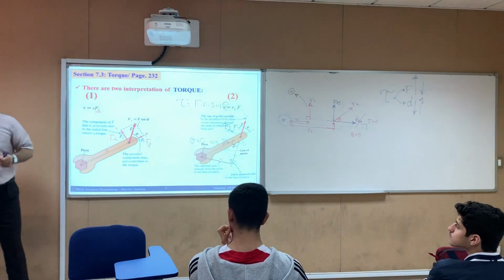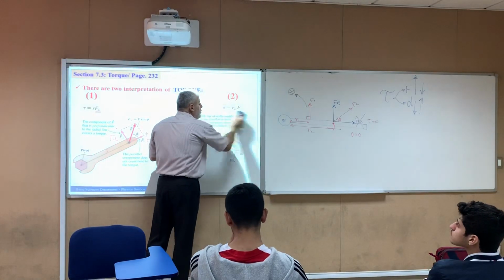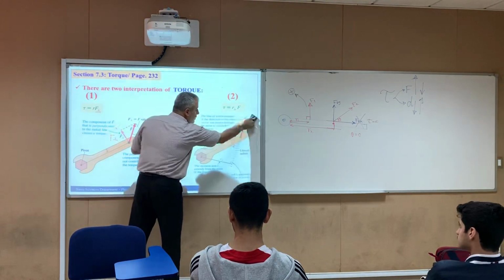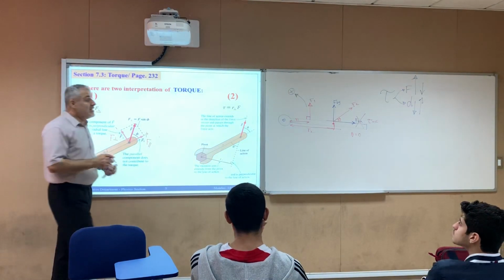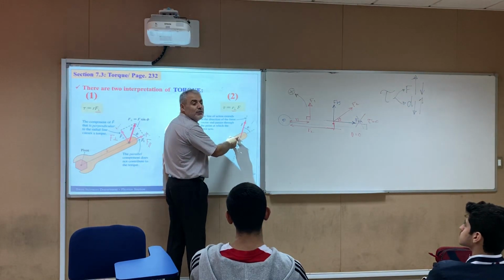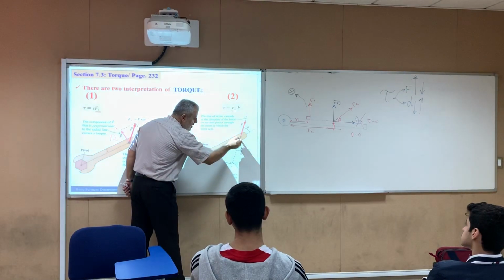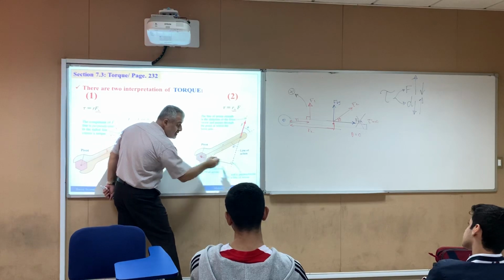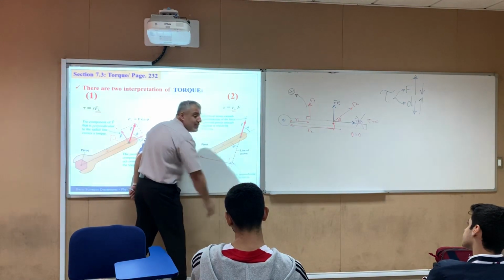Or, in another way, I will show you another option. That option, by the way, we do not use a lot, but it's an option. Mainly we use the first one. You can use the perpendicular distance. Leave the force, don't resolve it. Just keep it as it is. Take the extension of the force and make a line from the pivot that makes a right angle with that extension.